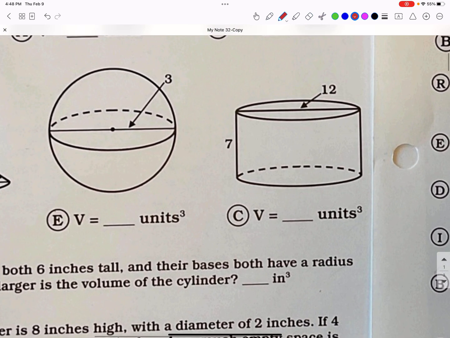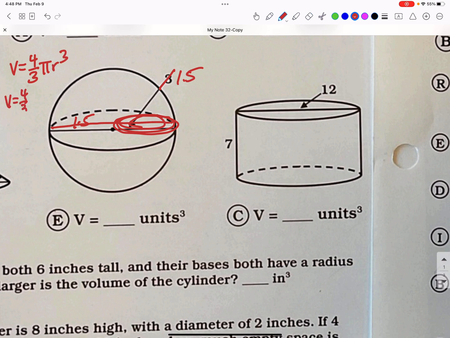All right. This one's interesting because this one tells us the diameter is 3. We don't want that. We just want half of it. So not 3. We just want to know 1.5. We just want to know the radius. So my volume equals 4/3 a 3D circle. Volume equals 4/3 times 3.14, and then 1.5 to the third power is 1.5 times 1.5 times 1.5 is 3.375.